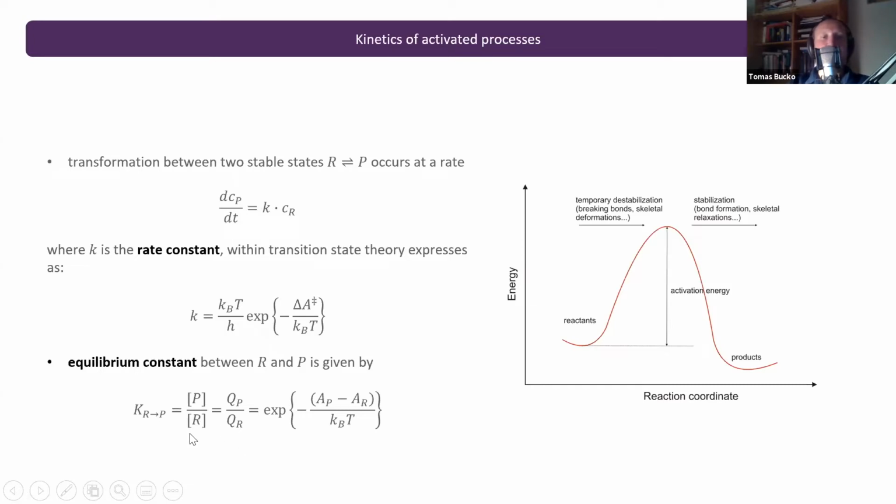These proportions are expressed by a quantity called the equilibrium constant. This is the ratio between equilibrium concentration of product versus reactant, which can be expressed in terms of partition functions. As we see in a minute, this can be rearranged into this form, where once again, in addition to physical constants and temperature, there is only one more physical property, which is again free energy difference. This time, free energy difference between reactant and product.